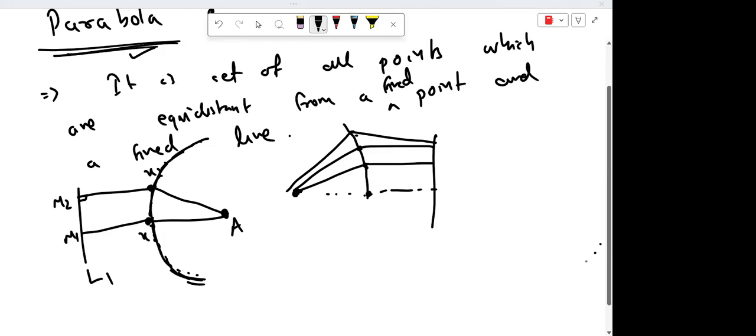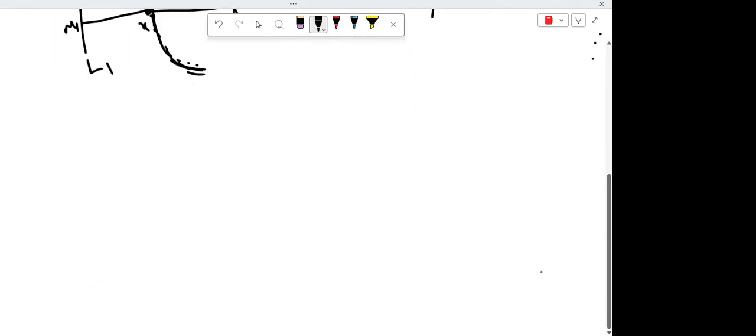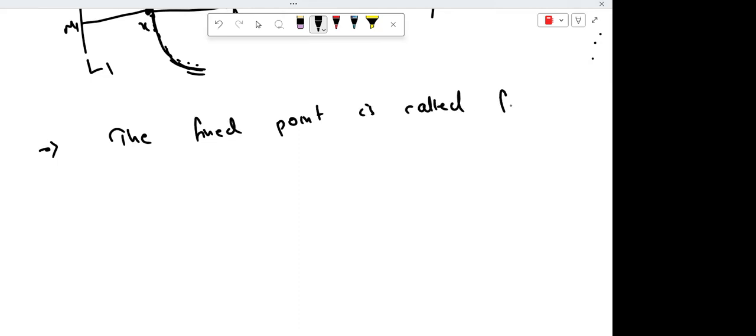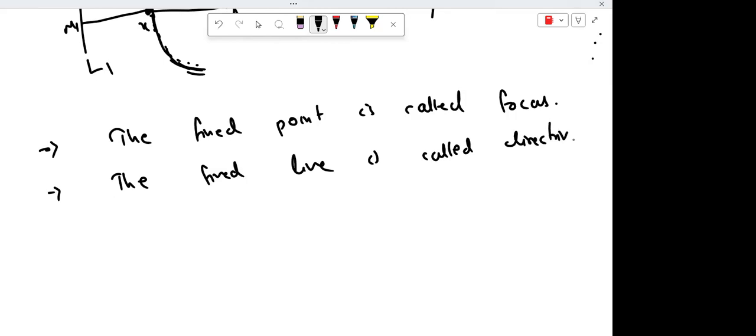Okay, there are a few definitions that you should know. Write it down. The fixed point is called focus. And the fixed line is called directrix. Okay, fixed point is called focus.